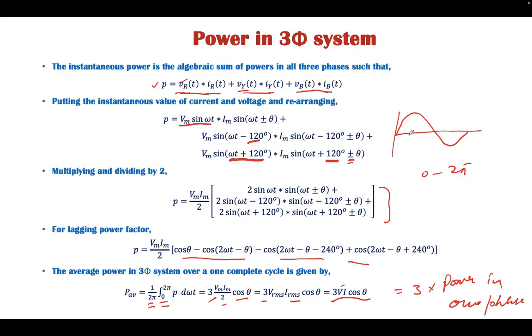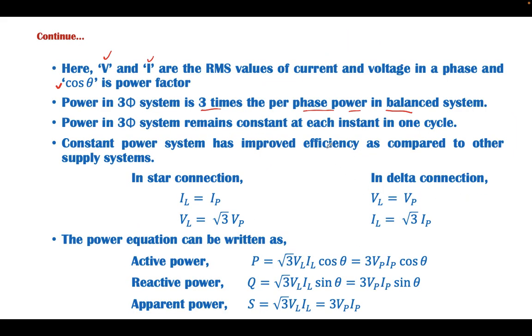In a single-phase AC supply, the power had some magnitude like that, or it had a magnitude like that. But in a three-phase system, with three phases having a phase displacement, the power remains constant throughout the period, and hence in a three-phase system, power is constant at every instant of time.